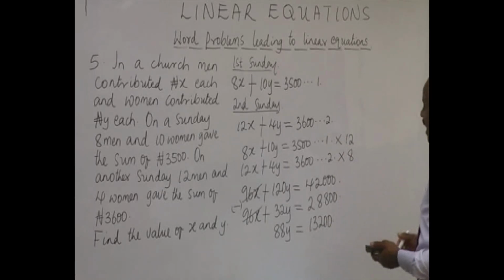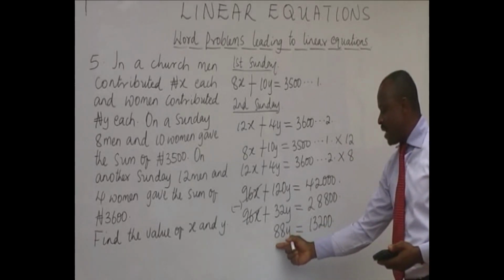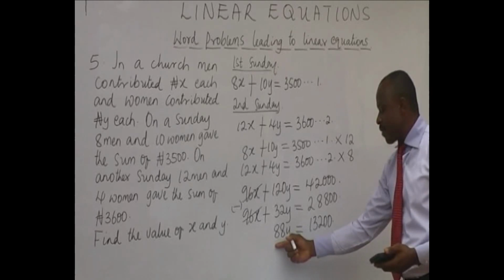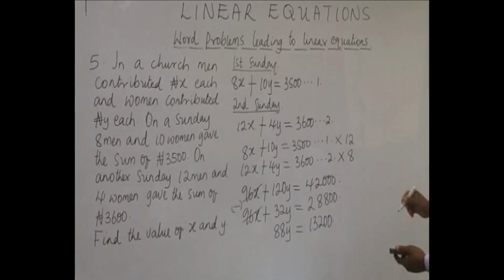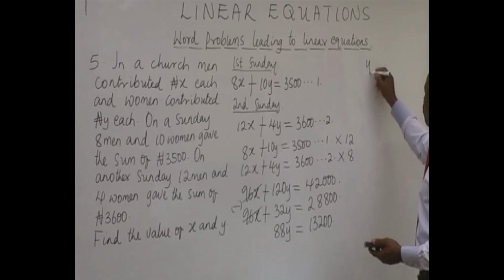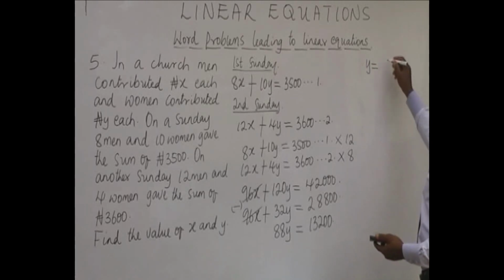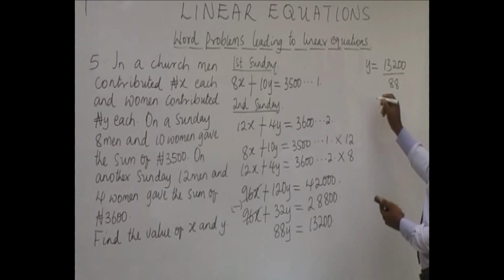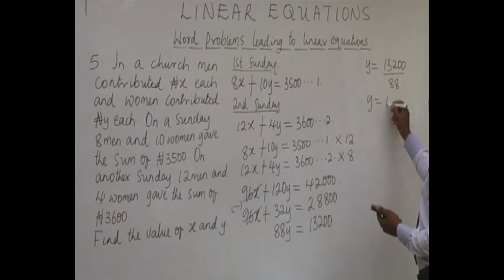Now divide both sides by 88 so as to eliminate 88 from the coefficient of y. When you do that, you're going to have y equal to 13,200 divided by 88, giving us 150. So y is 150 naira.